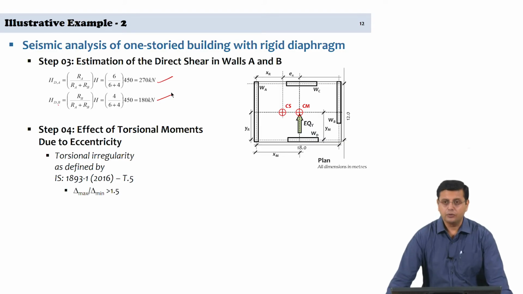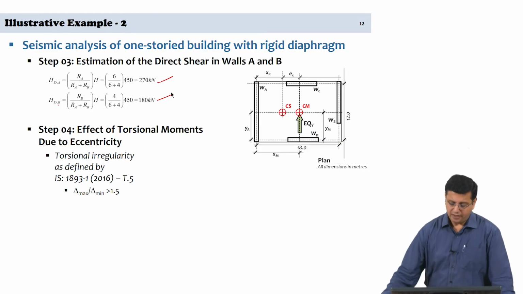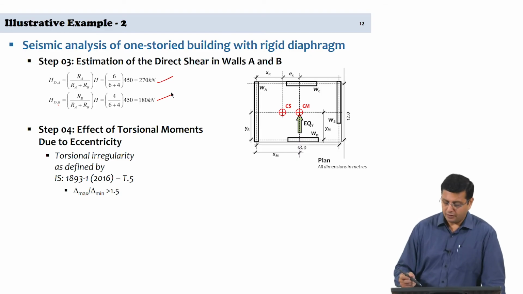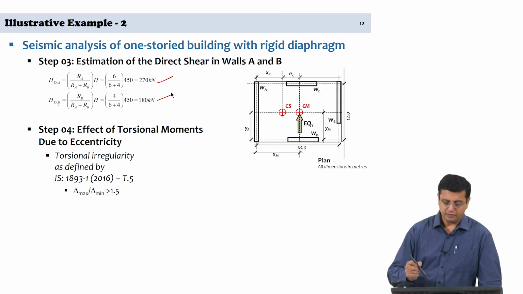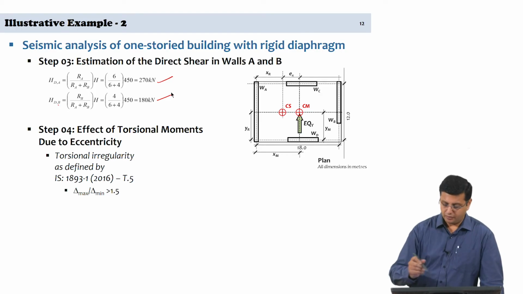It requires us to estimate the maximum displacement in the plane, the maximum drift of the wall divided by the minimum drift.